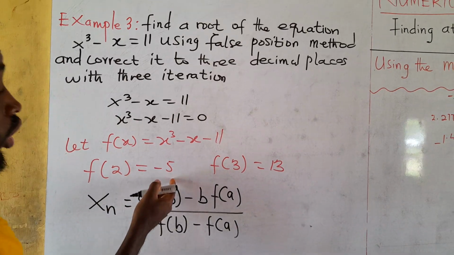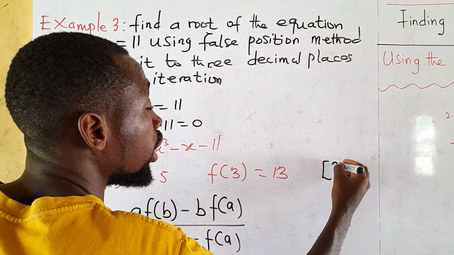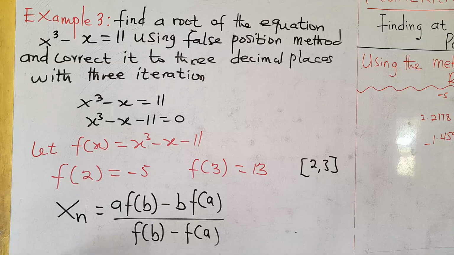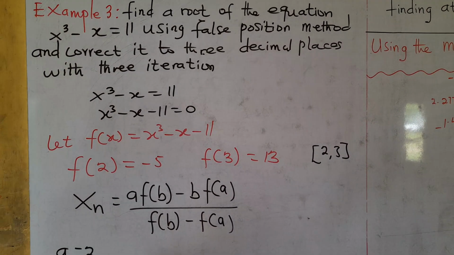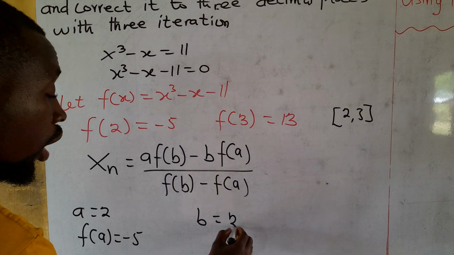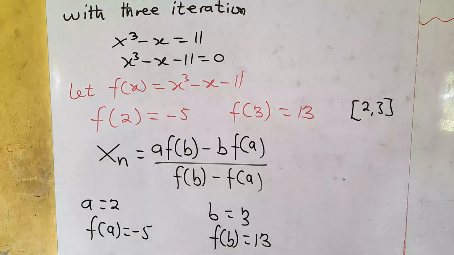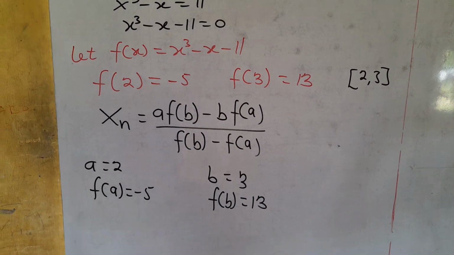So since this produces negative and this produces a positive, that means a root exists within the interval [2, 3], where our a is 2, f of a is negative 5, our b is 3, and f of b is 30. So we substitute this into this to get our first approximation.